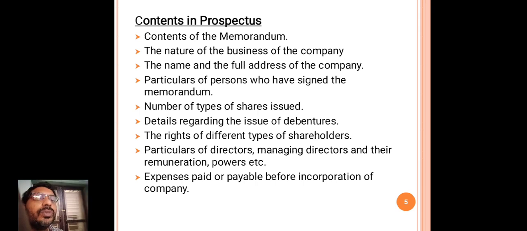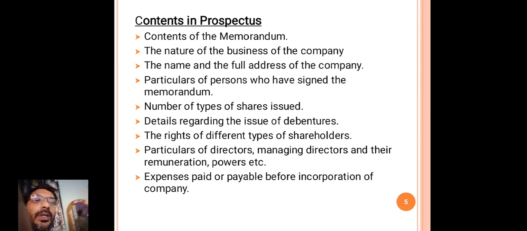As I told you, there are equity shares, preference shares, and different kinds of debentures. The rights and responsibilities of shareholders and debenture holders are clearly mentioned in the prospectus.